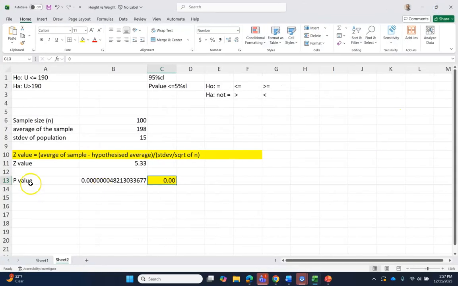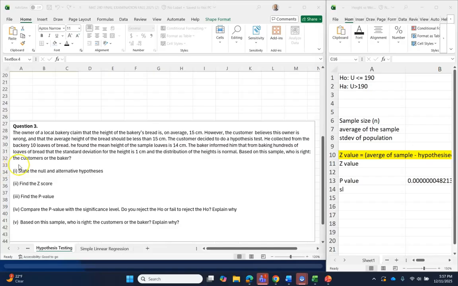We can compare this p-value with the significance level, so let me write here, our significance level above is 0.05. And the p-value is actually less than or equal to the significance level. And therefore, we can reject the null hypothesis. That means children have higher cholesterol level than the national average.